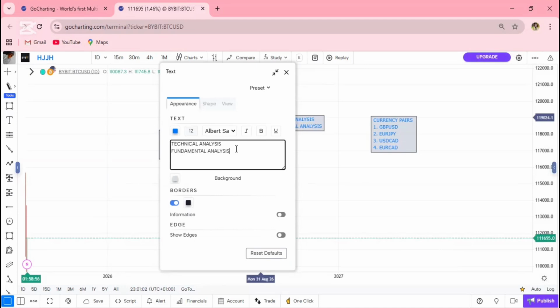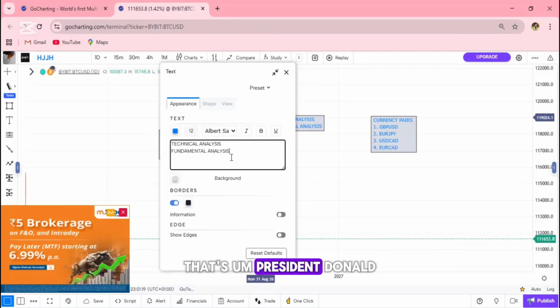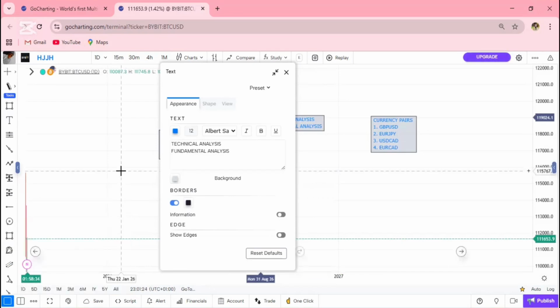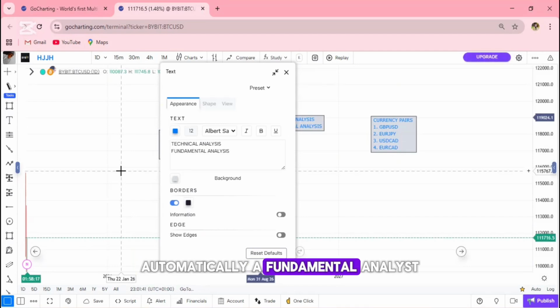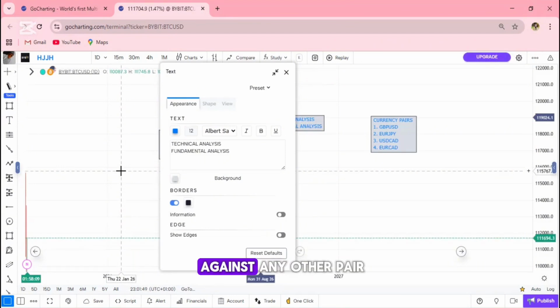For example, let's say there is a speech given by the United States president, President Donald Trump, telling us that the United States dollar is going to appreciate, and the economy of the states is favorable to their currency. Automatically, a fundamental analyst or a fundamental trader would anticipate the dollar to rise against any other pair.